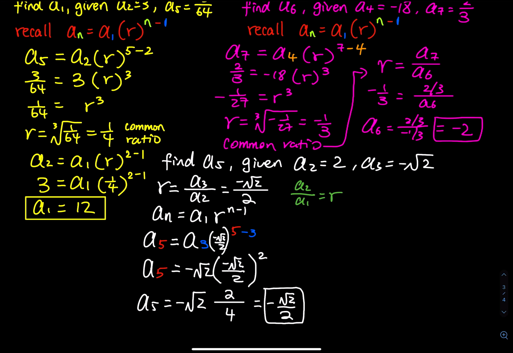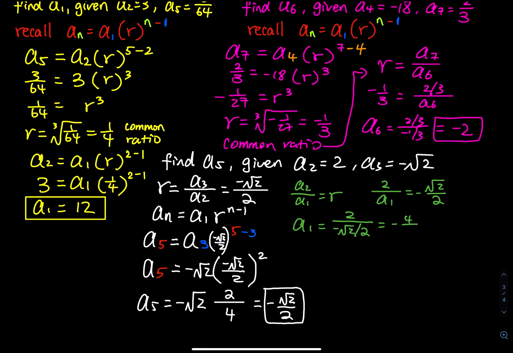What don't you know? a2 is 2. a1 we don't know. And what is r? r we got right over here, -√2 over 2. And then we solve for a1. So a1 is equal to 2 divided by -√2 over 2. Once you flip the 2 to the top, you will get -4 over √2, right?